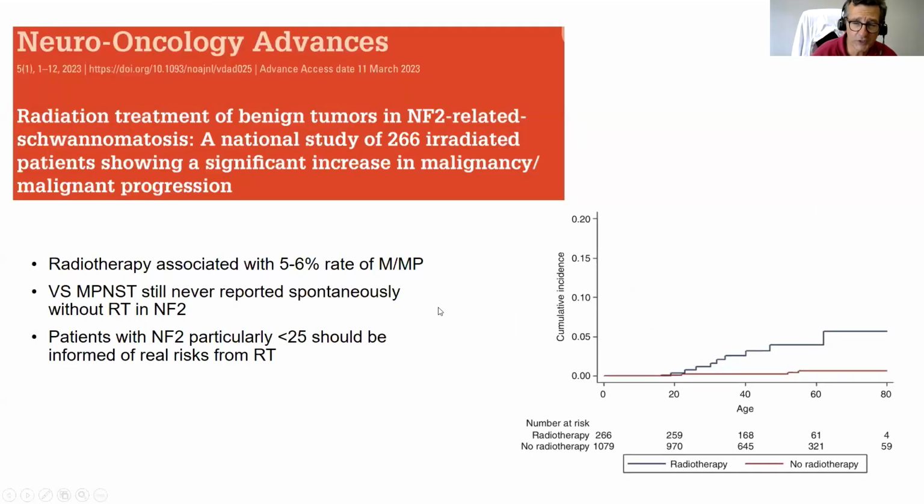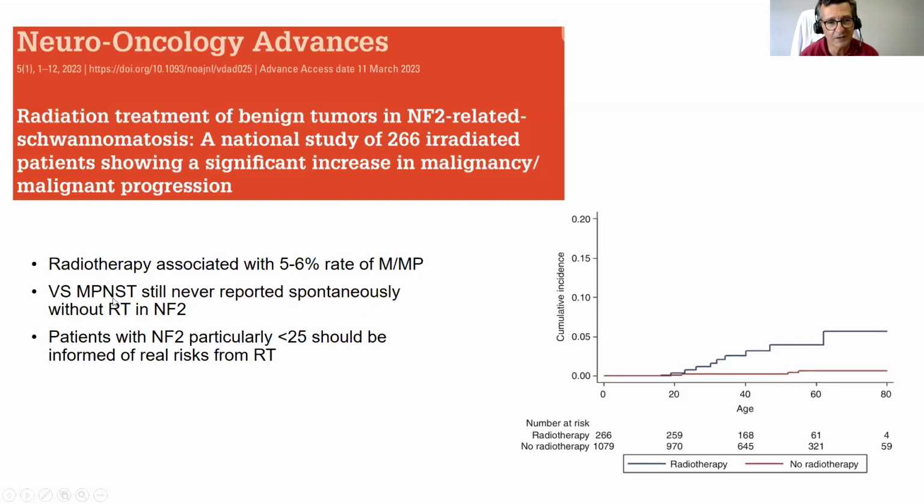Last point, the risk of malignancy after radiation. It's something still debated. It's a paper from the Manchester team showing that radiotherapy is associated with a 5 to 6% rate of malignancy after radiotherapy, whatever the type, proton therapy, gamma knife.